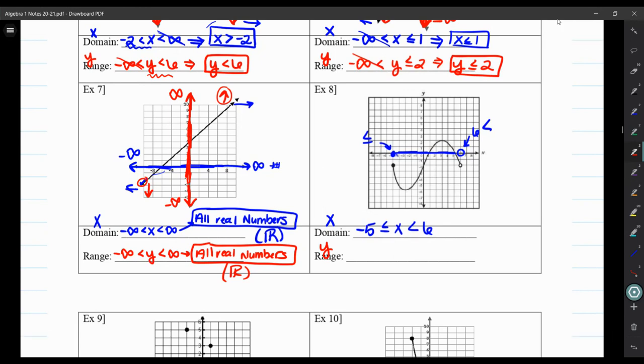Let's talk range. Range is the y's. You do not always use these points. This is not the lowest y value because if I kind of look, I have stuff underneath. This little u is underneath that point. So the lowest point is actually this little curve right there. That's my lowest point. So I'm going to project that guy onto the y-axis, and because he's a solid line, he'll be a solid circle.